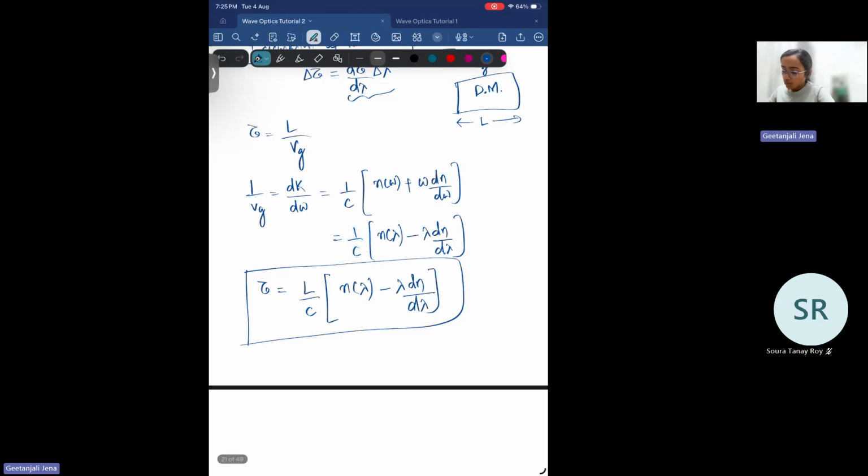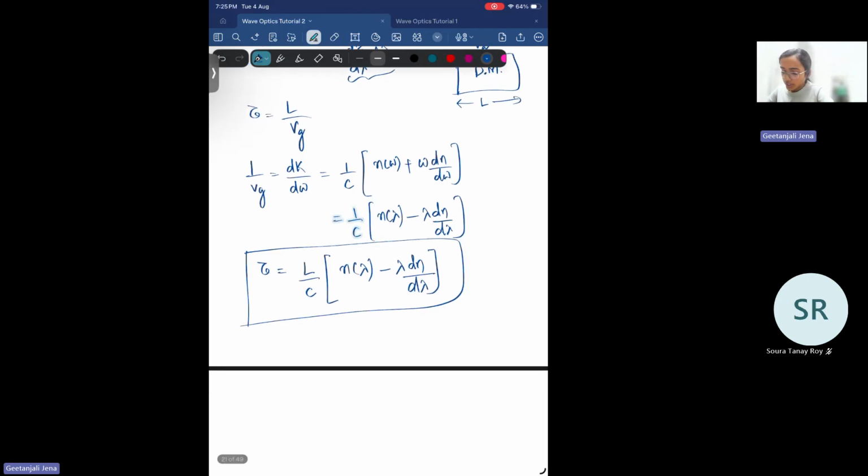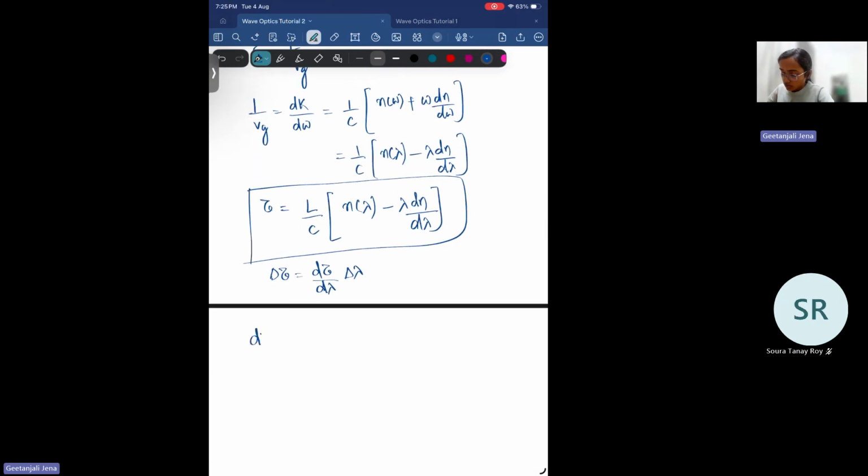To find out the broadening, we need to take the derivative. So delta tau we can write as d tau over d lambda times delta lambda. d tau over d lambda, if you put this here, is L by c times dn over d lambda minus dn over d lambda minus lambda d square n over d lambda square.